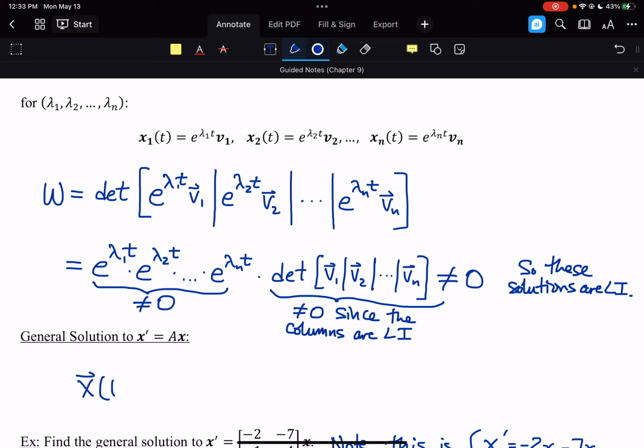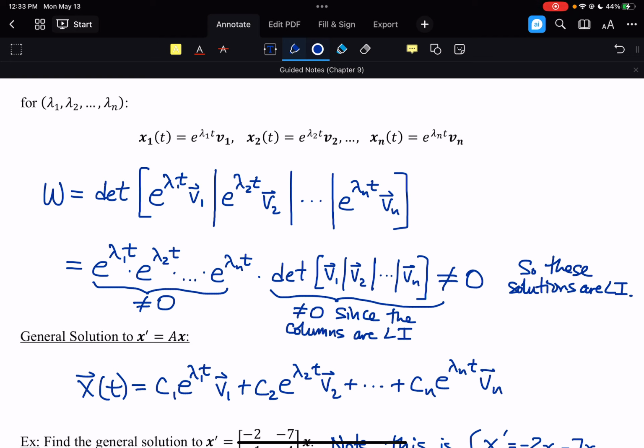So we're going to get x of t is c1 e to the lambda 1t v1 plus c2 e to the lambda 2t v2, etc., all the way up through cn e to the lambda n t vn. So this will be our general solution to systems of this form. Okay, we're still dealing with the homogeneous systems here, so no plus b on these terms.